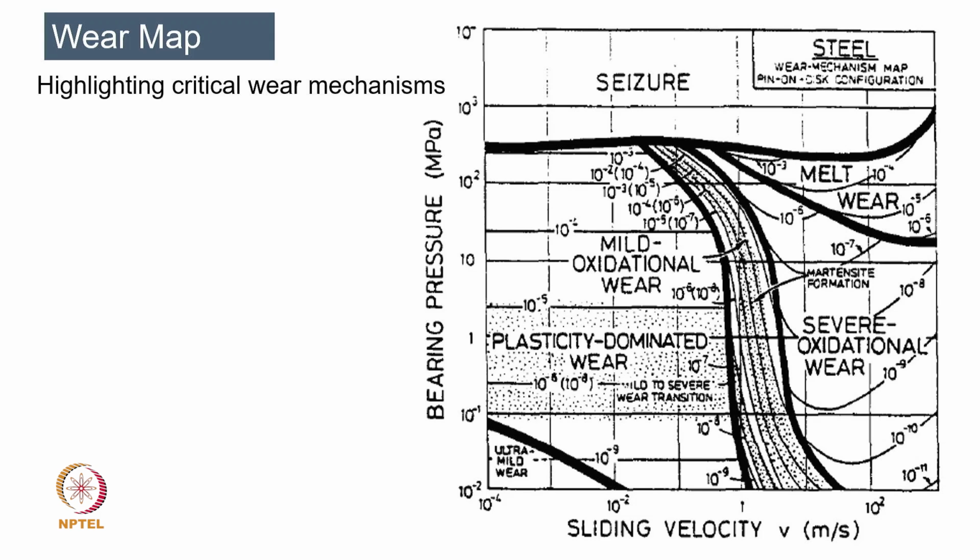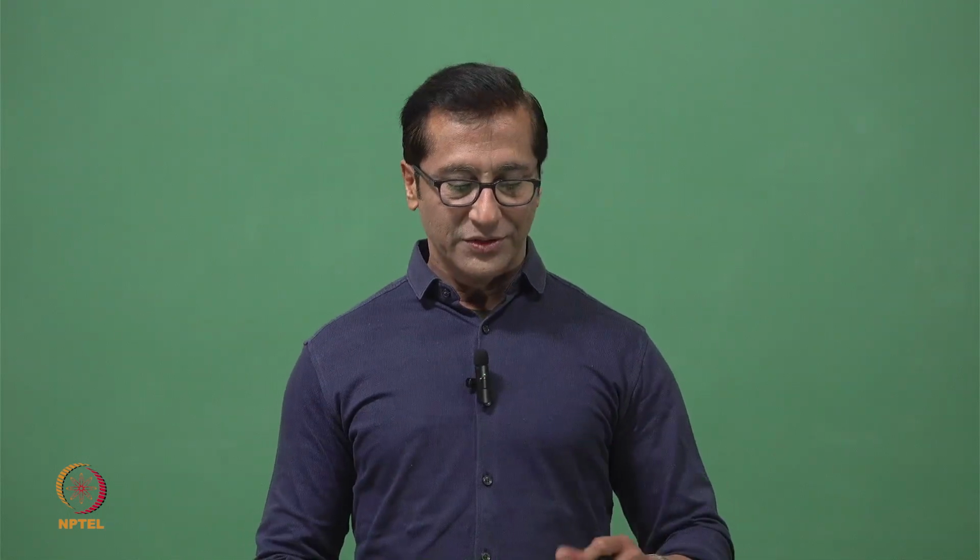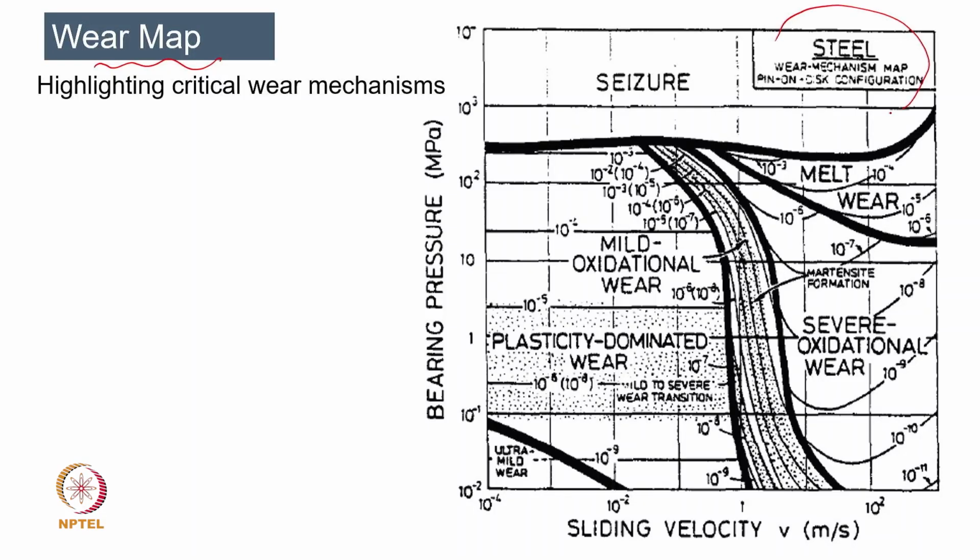So I'm coming to the last slide. In this situation, we say that there are so many wear mechanisms. What do we do? A new concept comes from the wear map. People say it is not very accurate, but at least it can give a glance. Now they test one material versus another material on some sort of tribometer.